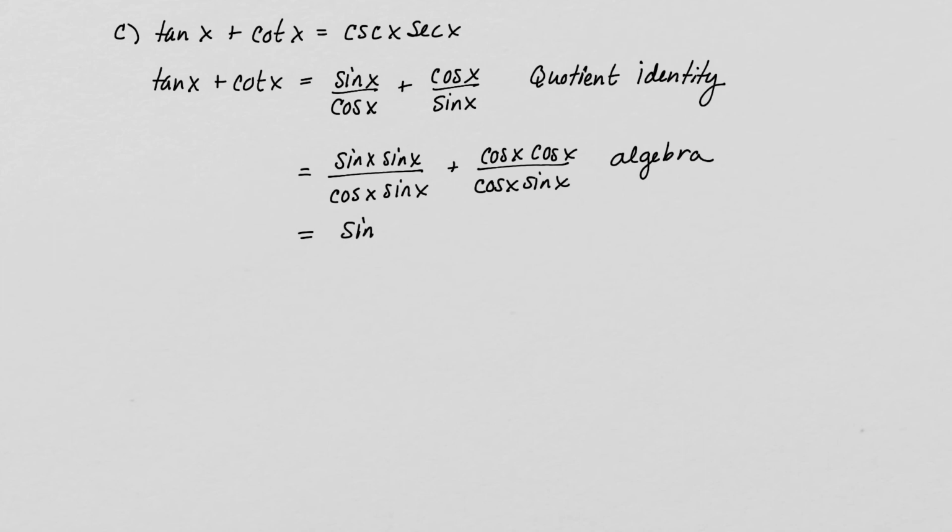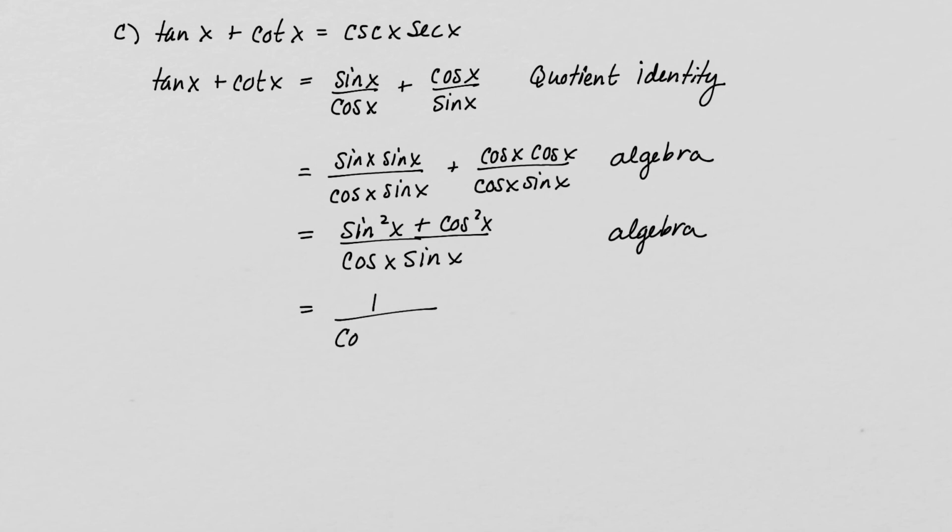And now I've got sine squared x over cosine x sine x. And I can add them together. So I have sine squared x plus cosine squared x. And so again, that's just algebra. And then we know that sine squared x plus cosine squared x is 1. So I have 1 over cosine x sine x. And that's from the Pythagorean identities. And then remember where we're trying to get to.